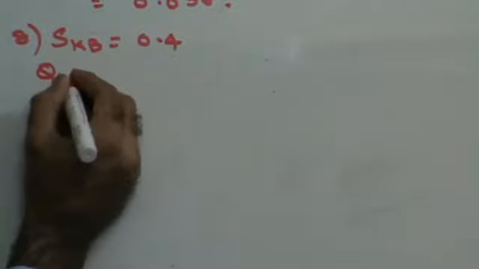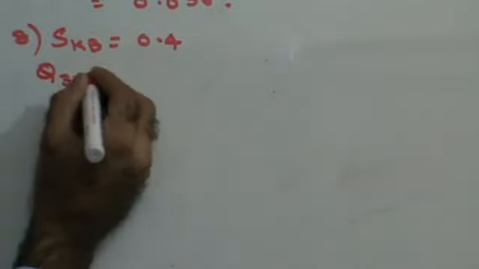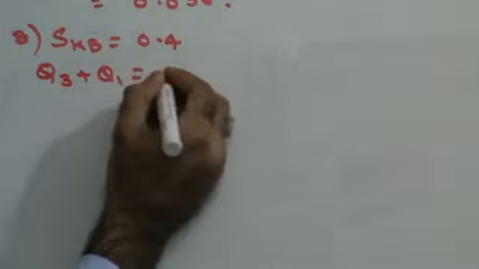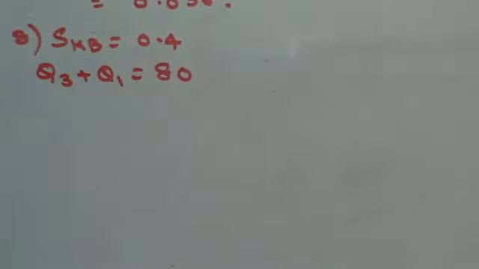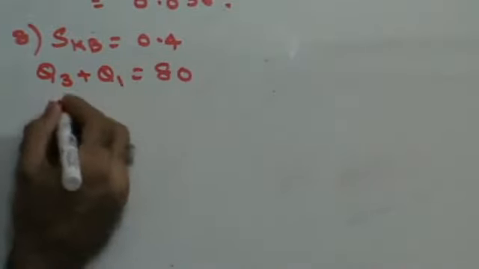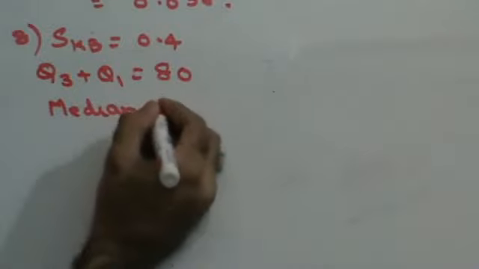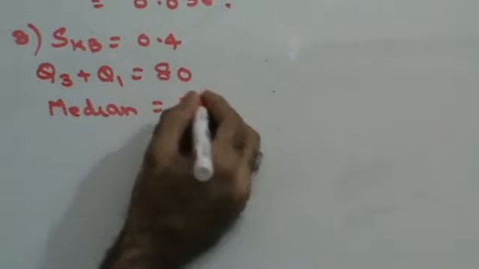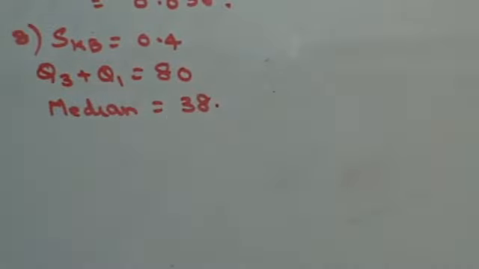If Q1 plus Q3 is 80 and the median is 38, find Q1 and Q3.